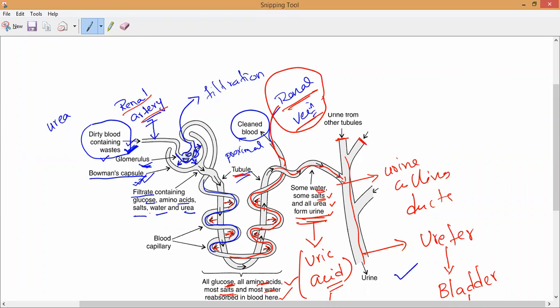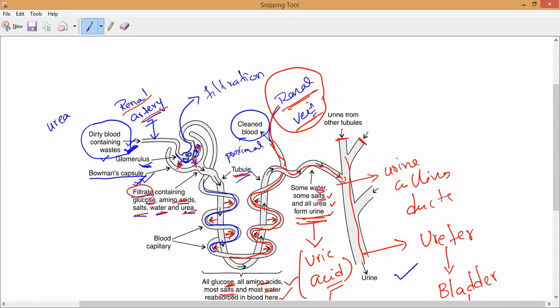All the small substances are absorbed as a filtrate by whom? A U-shaped one, which is called what?